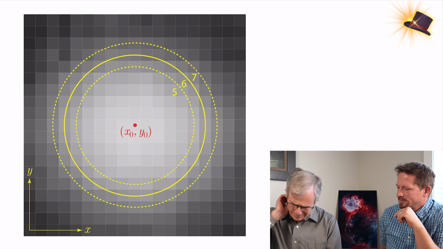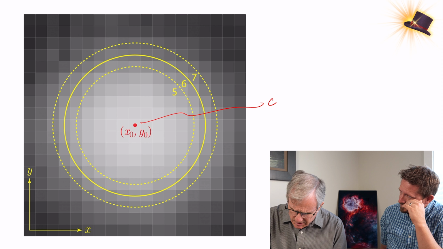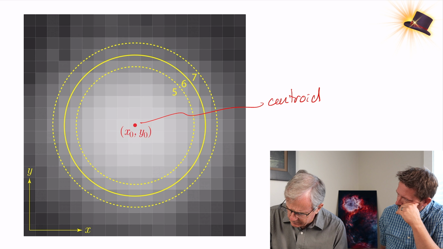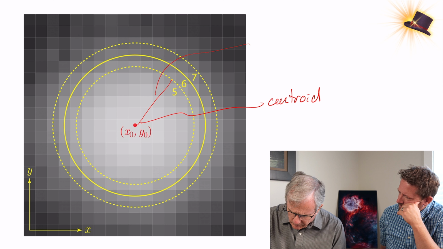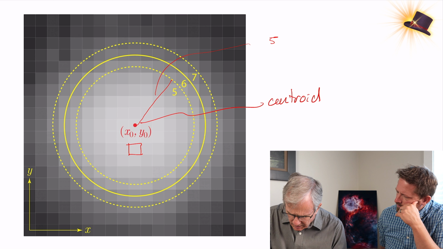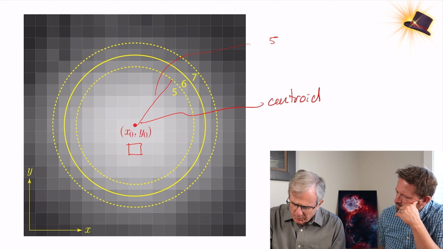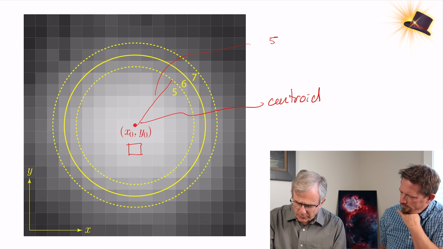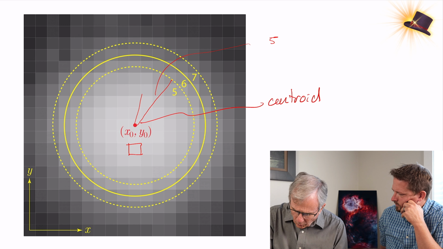This is a diagram of how we calculated star profiles. So if this is the centroid, as we talked about before, and this dotted line circle is 5 pixels away from the center. So here's the pixel size. And if you look between 5 and 7 pixels out, you use information between both of those dotted line circles to determine the profile.